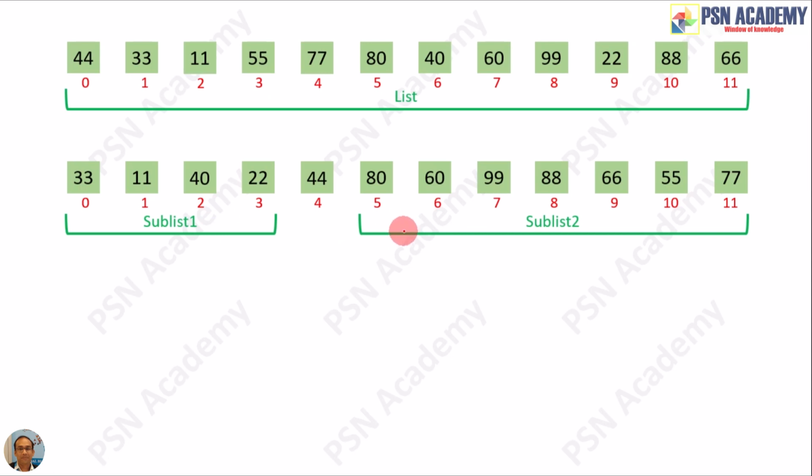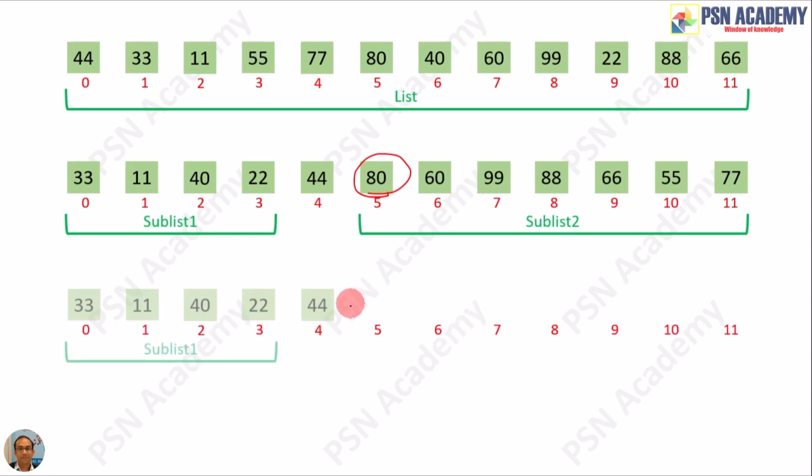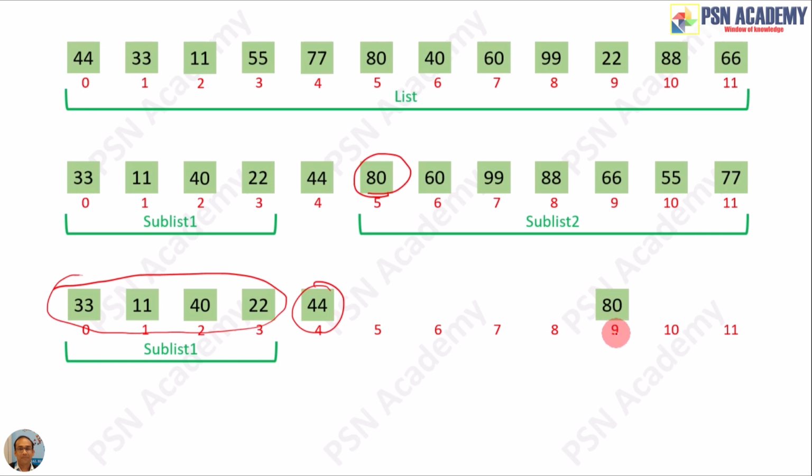For example, let us take sublist 2 and try to find out the proper location of this element 80. So here we go with the locations. We have already got 44 over here in the correct position, and on the left hand side these are the numbers lesser than 44. Now after scanning this sublist 2, we find that 9 is the correct position of 80.